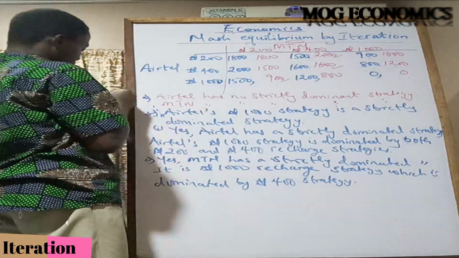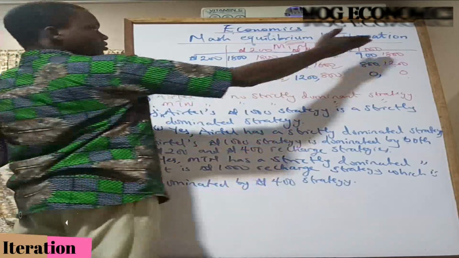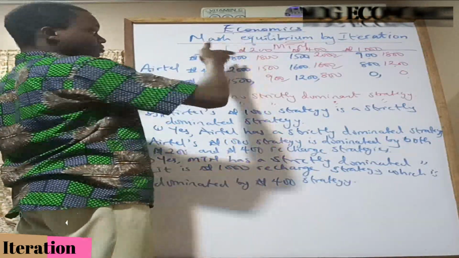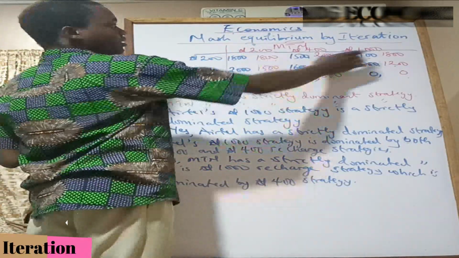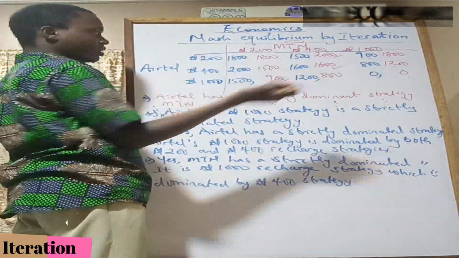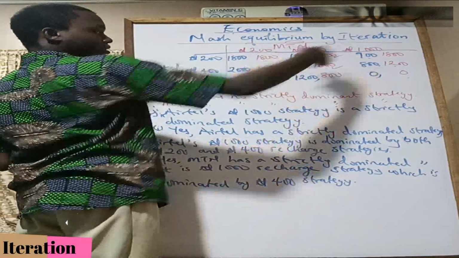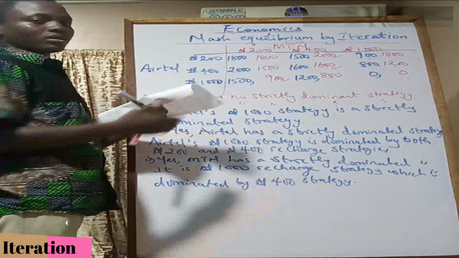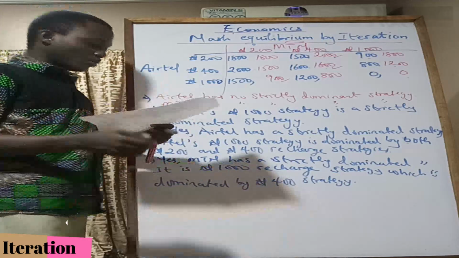So you can't call 1000 a strictly dominated strategy by 200, because they both have equal values here. Although 1/5 is better than 1/2 and 9 is better than 0, 1/8 is equal to 1/8, so there's nothing strictly dominating in that part. All right, so we are done with that question.